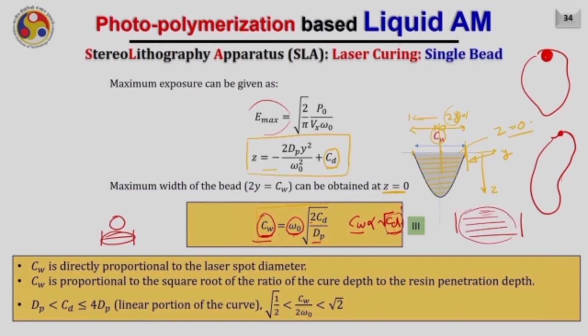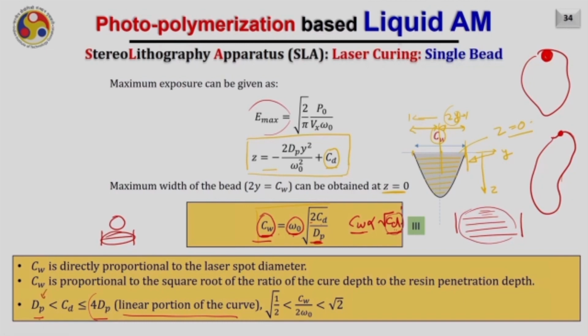However, it can be obviously seen that by increasing the energy, CD will increase faster as compared to CW. Of course, when CD is greater than dP and less than 4 dP, that is the linear portion of the curve, we have seen that. In that region, what will be the range for CW?